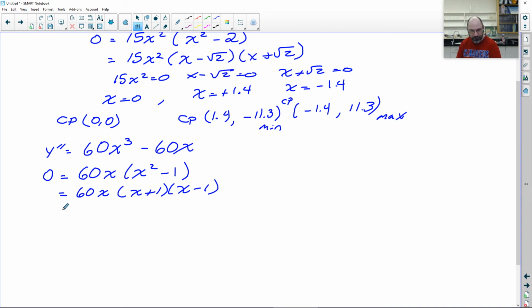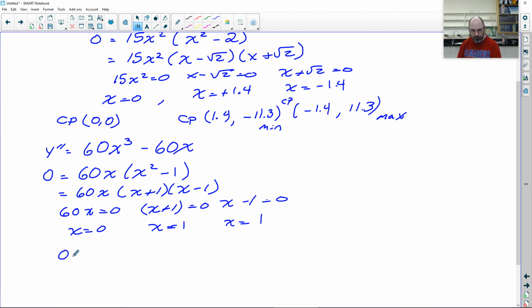So we can say that 60x equals 0, x plus 1 equals 0, x minus 1 equals 0. So we've got x equals 0, x equals negative 1, x equals 1. So we've got 0, 0. Now if we put the 1 back into there, 1 times 3 minus 10 is negative 7.